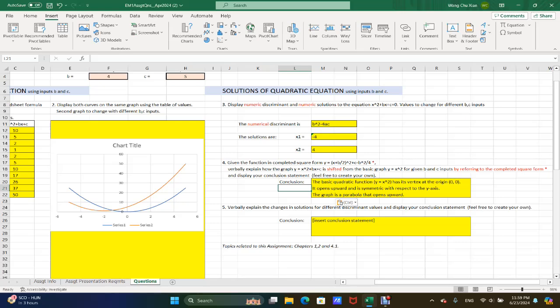Coming to question 5, we are supposed to explain the changes in solution for different discriminant values.